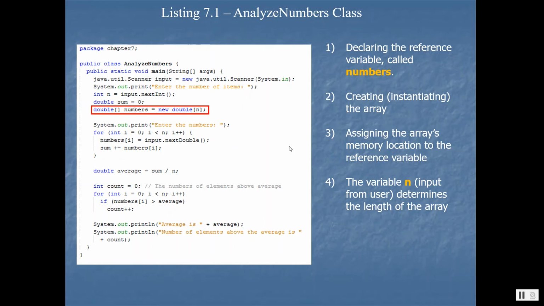And notice that in this case, n, this value n, was a number that the user entered. So the user is deciding how big the array is going to be. Then at this point, with the new double n, we are actually going to create and instantiate the array, and then the assignment operator here is assigning it into the reference variable.